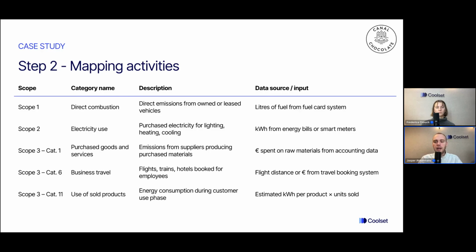The reason why Apple has such a high scope 3 is because in their use of sold products, whenever they sell an iPhone under the Greenhouse Gas Protocol, they also need to account for the life cycle emissions of that iPhone. For example, I've had my iPhone for over 5 years, and they basically have to estimate that I, as a user, will charge my phone in that period maybe 10,000 times. Every charge uses electricity, and that is part of Apple's emissions.